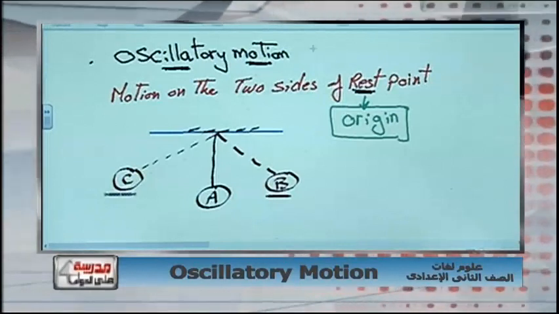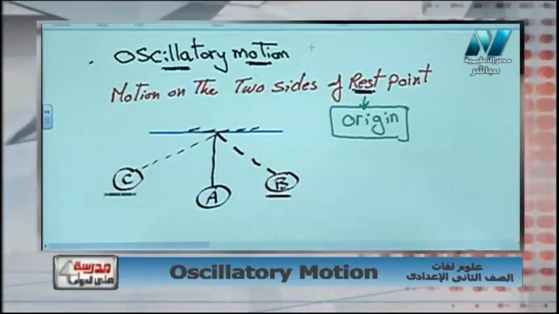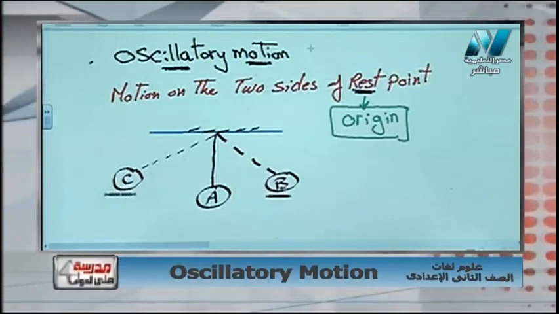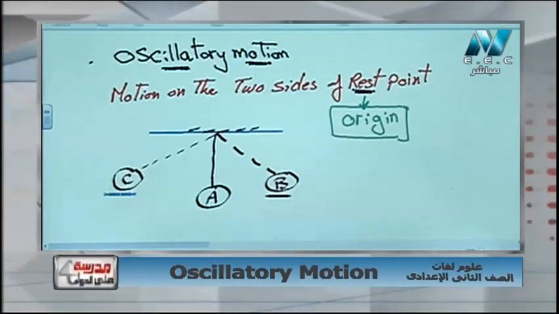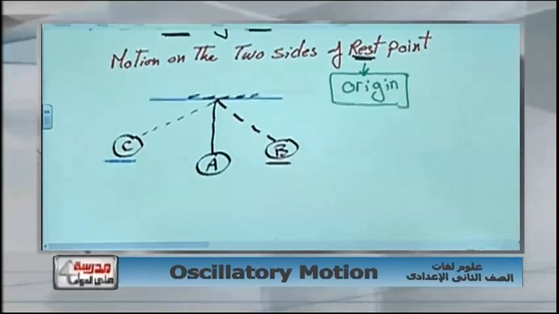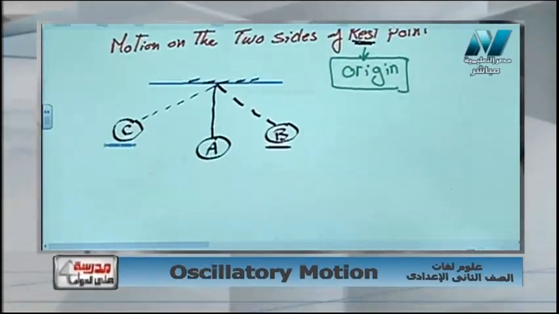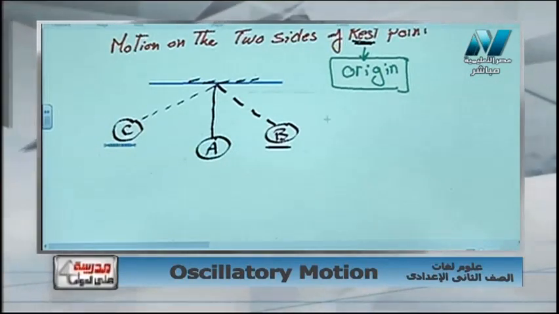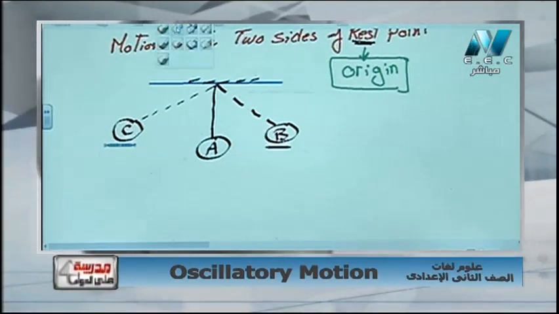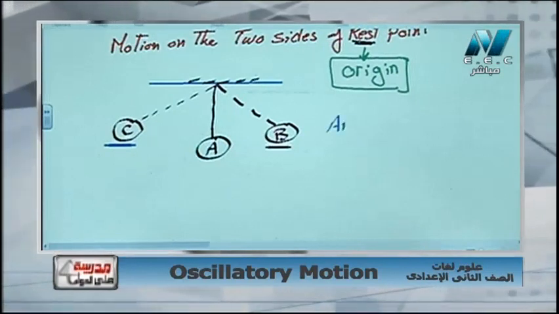So we should know some definitions or concepts of the oscillatory motion. Any oscillating object has, number one, amplitude.